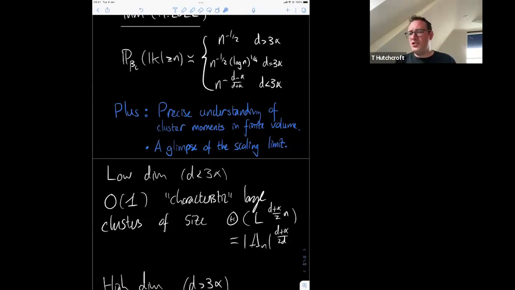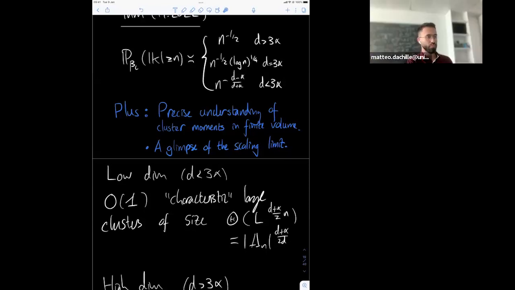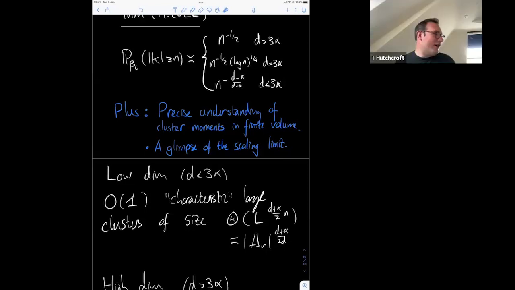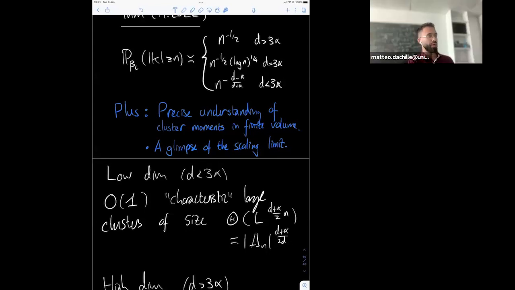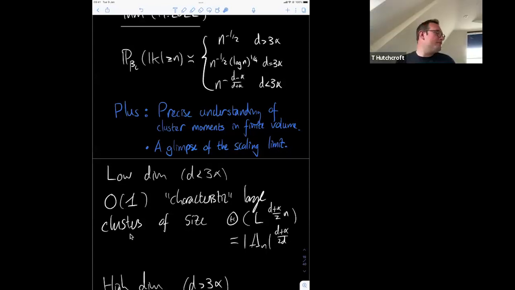If you want to show that you have a first order phase transition, I don't know how that proof works, but I can imagine you can get some quantitative control on where it happens. Anyway, that's interesting. I can give you the reference. Yeah, I can send you the paper. Nice.